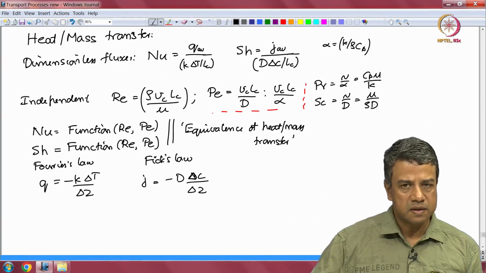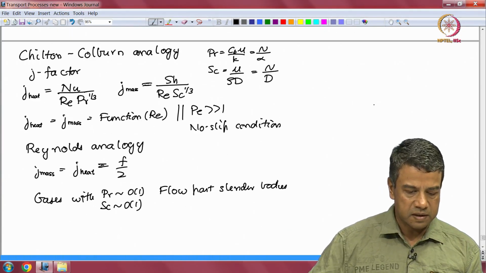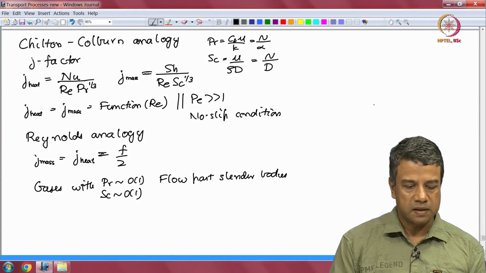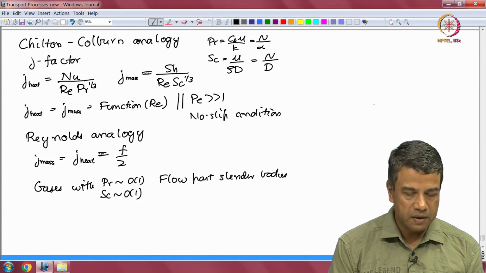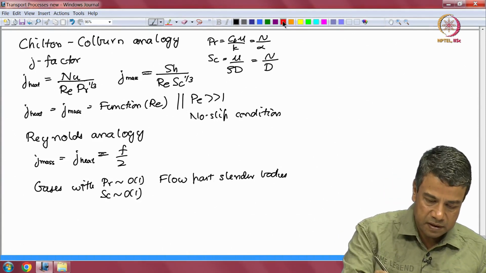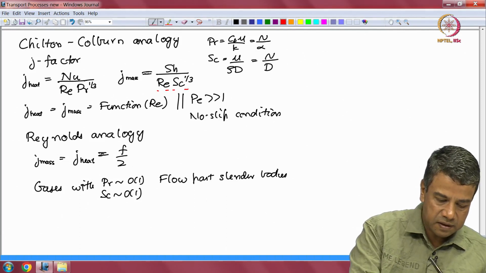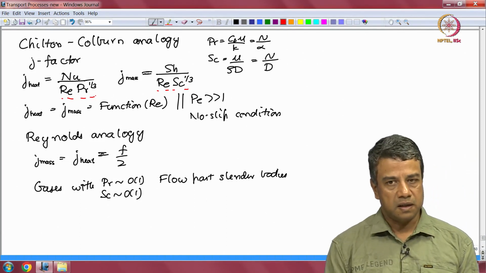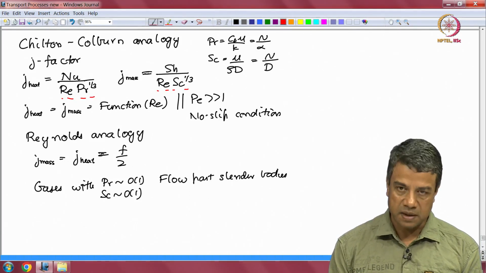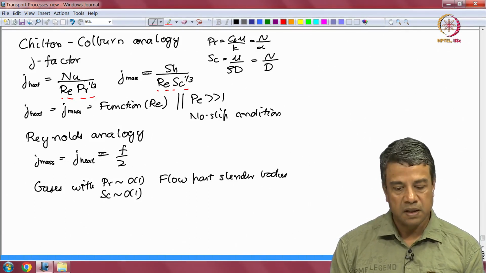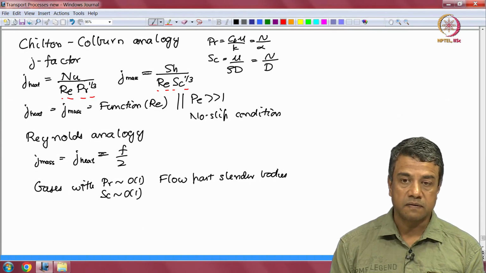We had looked at some stronger forms of the correlation, that is the Chilton-Colburn analogy, where there is this J factor that is defined. And the analogy states that J heat and J mass are exactly the same and they are only functions of Reynolds number.